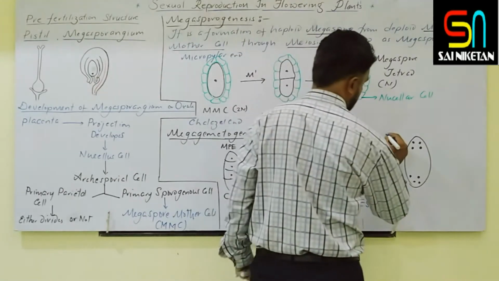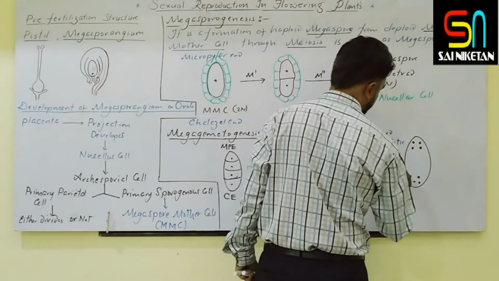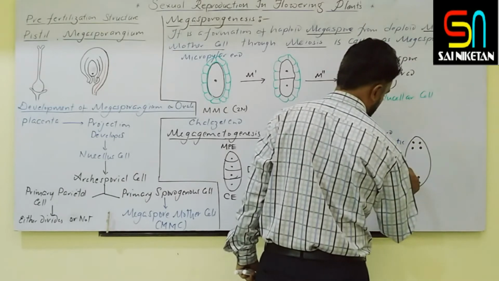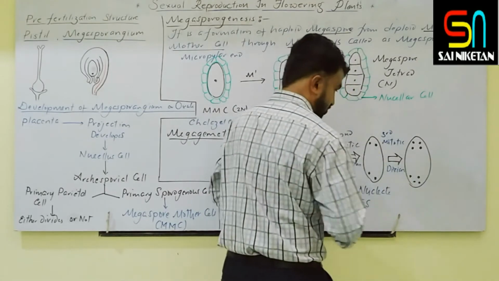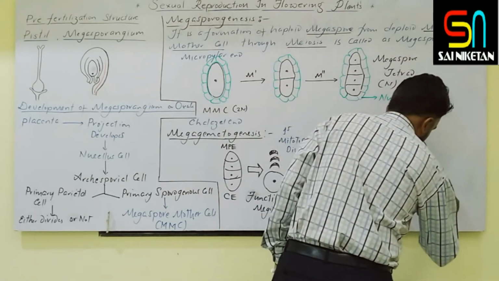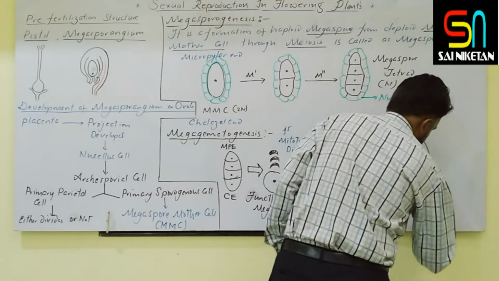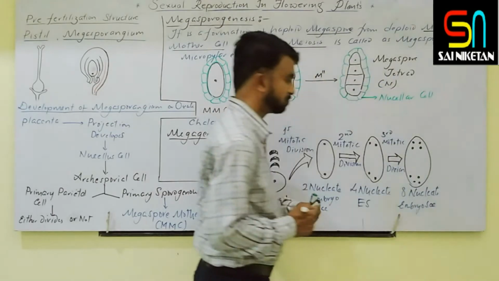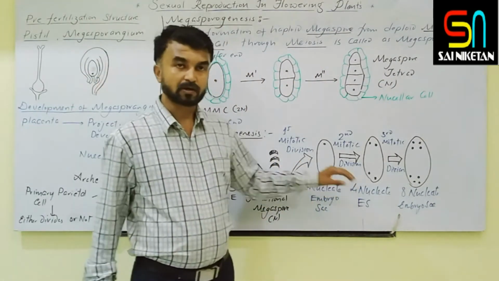So this is the third mitotic division, and this turns into an 8 nucleate embryo sac. Now this is only division. Clear?